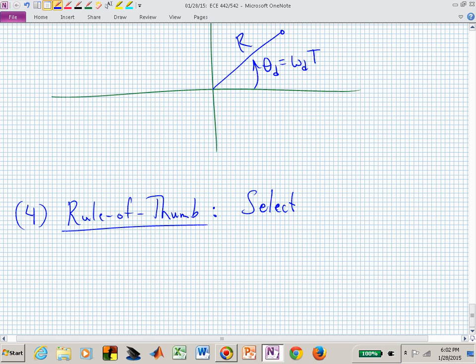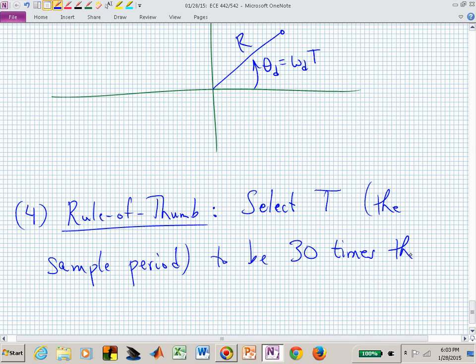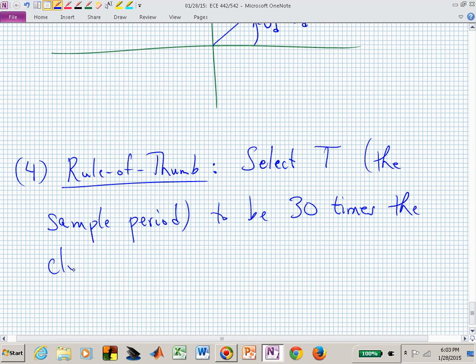If you're able to pick it, you want to select capital T, the sample period, to be 30 times the closed loop bandwidth.